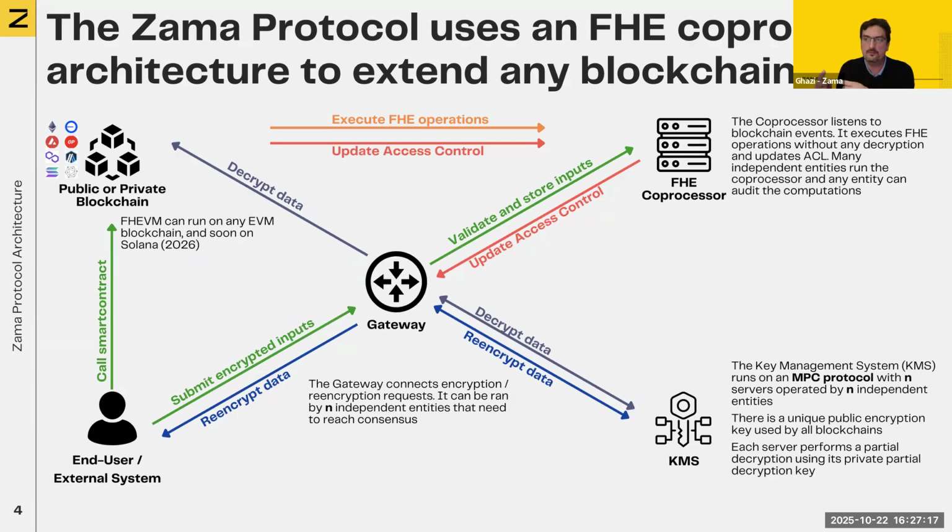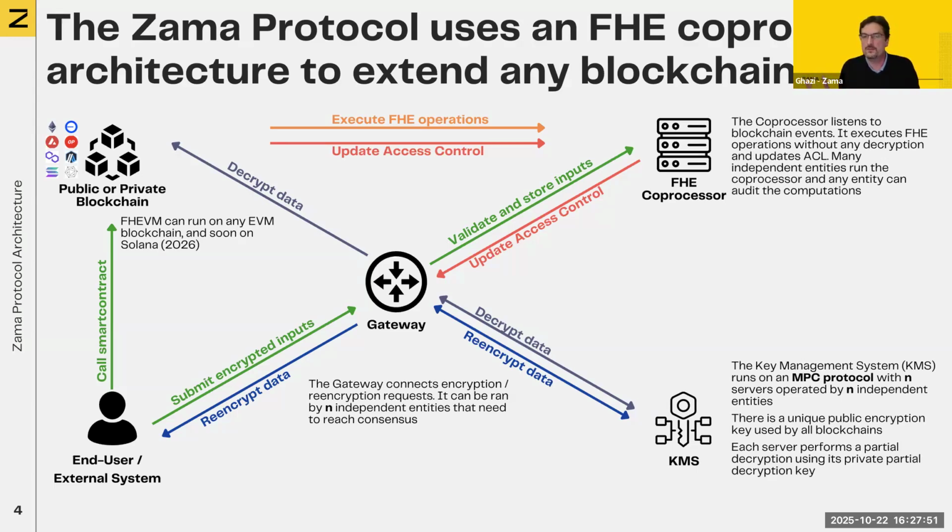So that one day, if I want to decrypt, all the nodes of the KMS can go to the ACL and say, does Ghazi have the right to decrypt his balance? Yes. Then I'll do a partial re-encryption to the keys of Ghazi, and then all of them do the same. And then I basically get an aggregated re-encrypted balance, and then I decrypt it with my private key, and now I can see my balance.